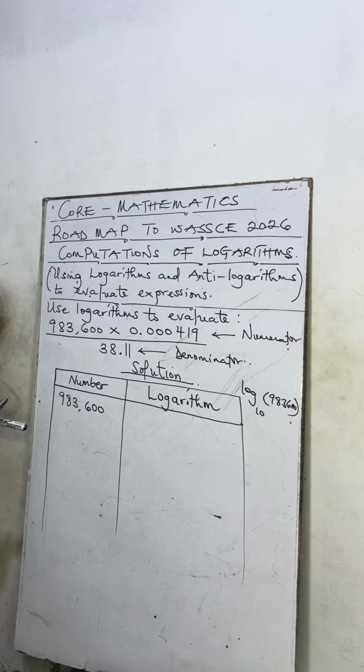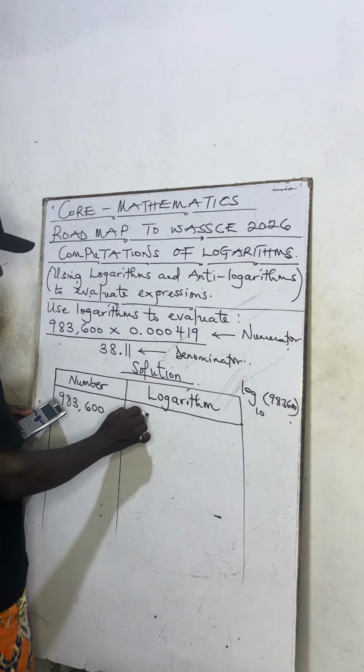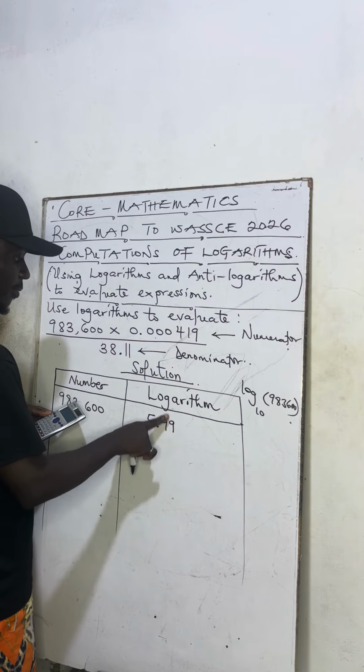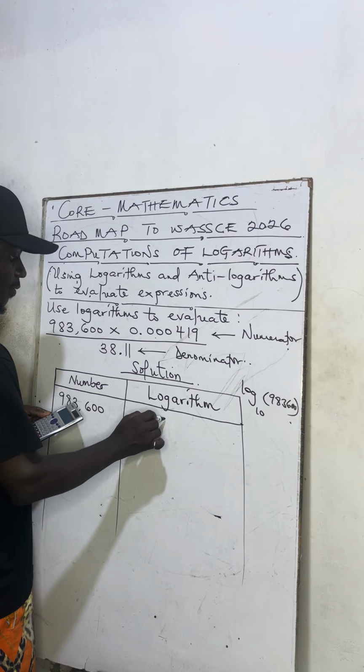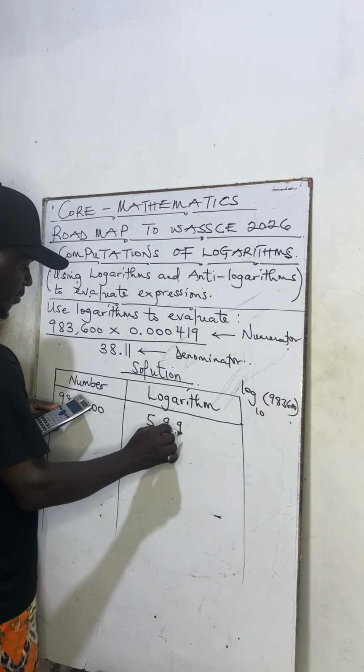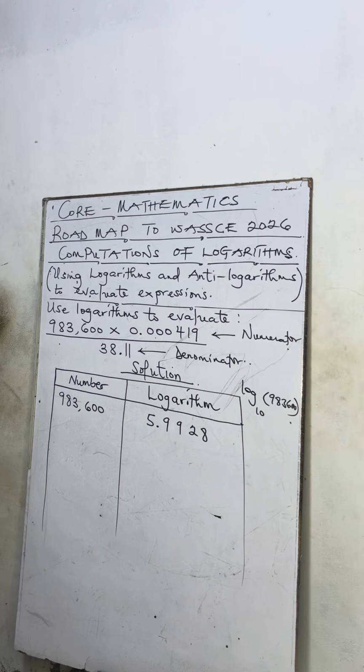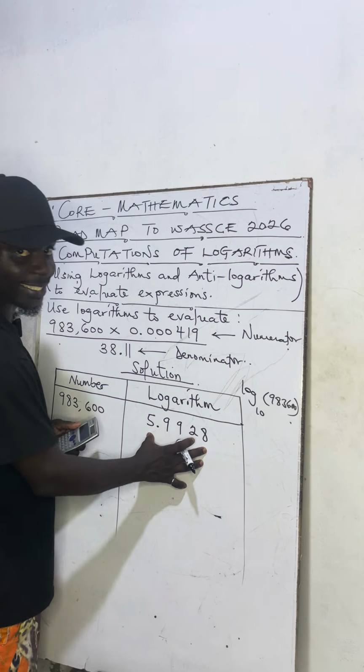So you punch it on the calculator. You press log of the number 983,600 and we get 5.9928. So that's the number in logarithm.